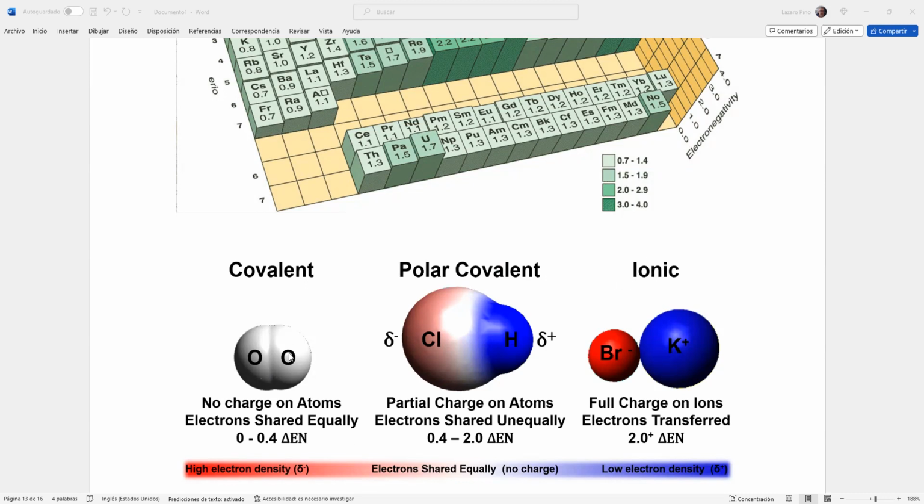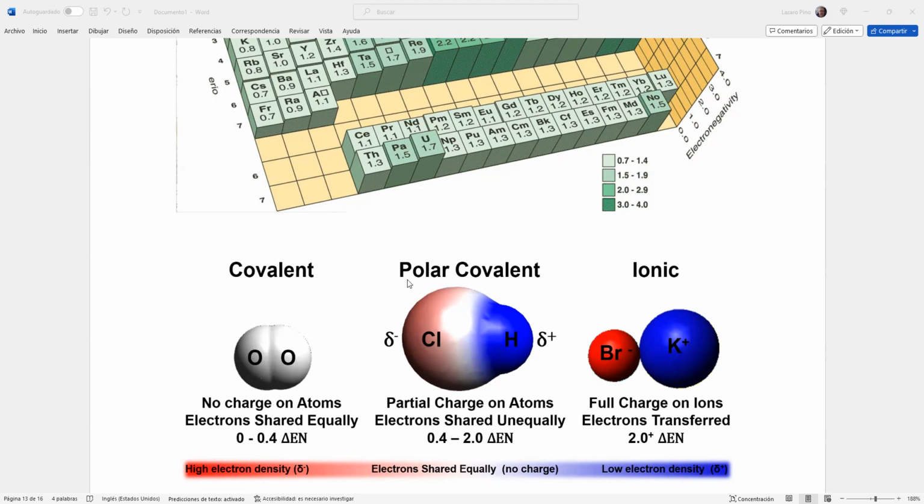If the difference of electronegativity between two atoms is 0 or less than 0.4, you say that the bond between these two atoms is covalent.